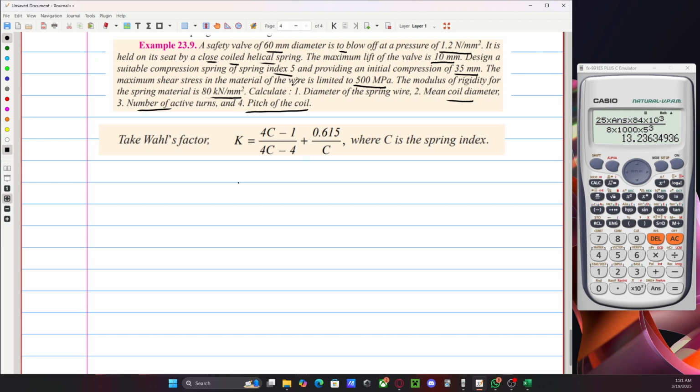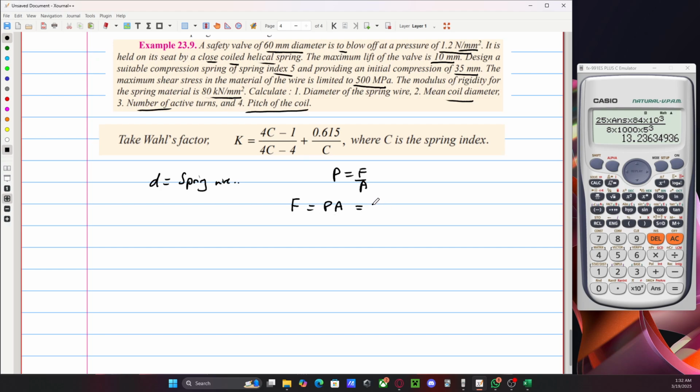If we assume that d is our diameter of the spring wire, we also know the maximum load something can take: pressure equals force over area, so force would be pressure times area. We're given the pressure and the diameter, so we can find the load at the valve.